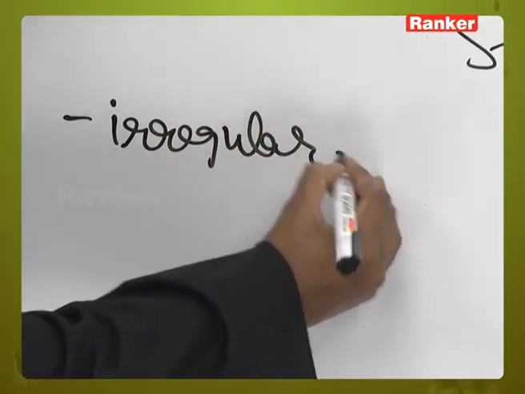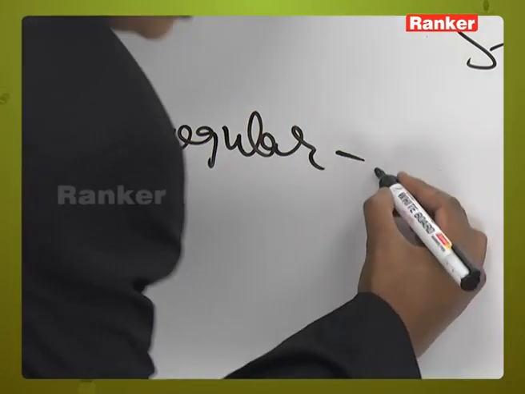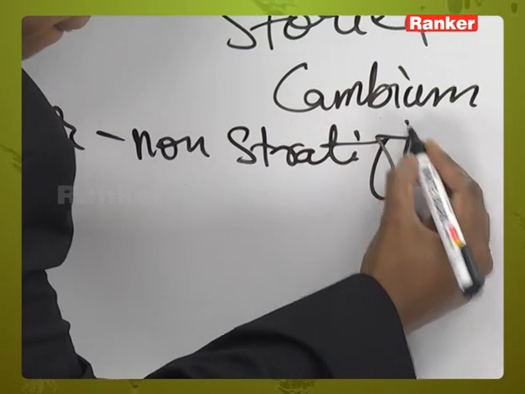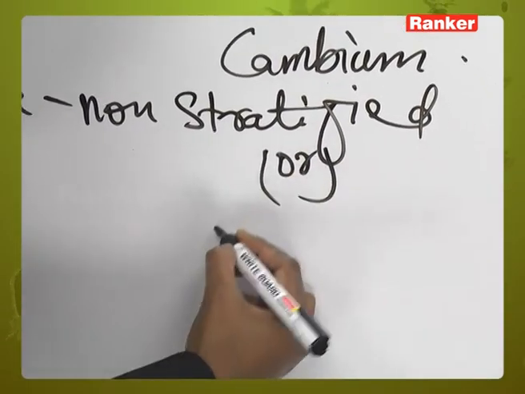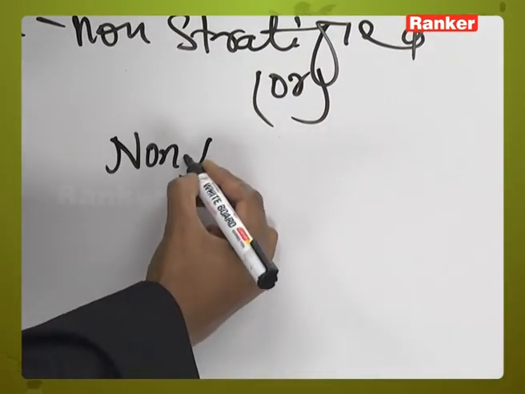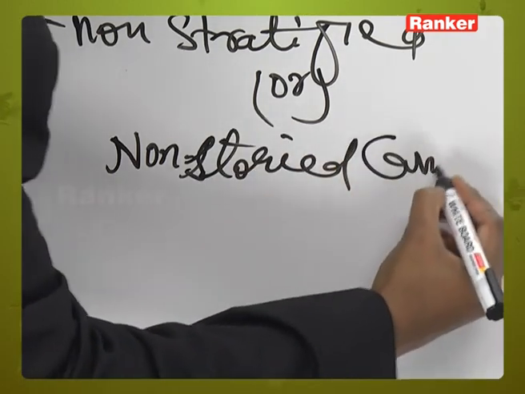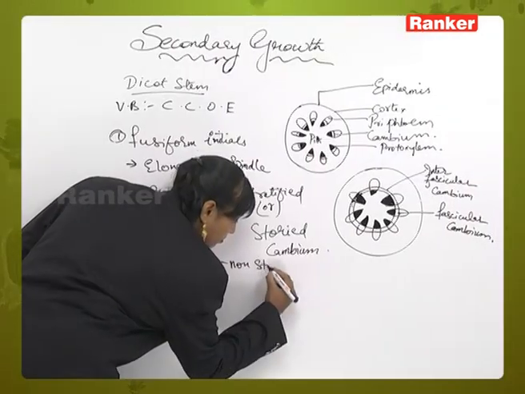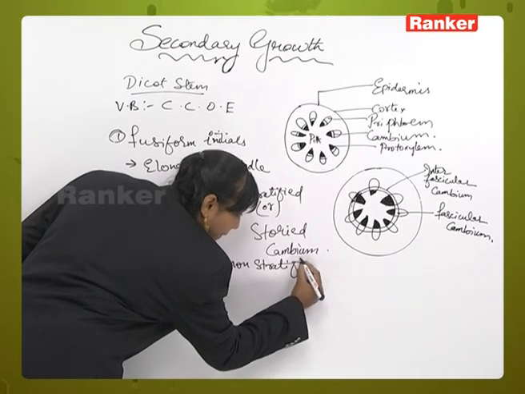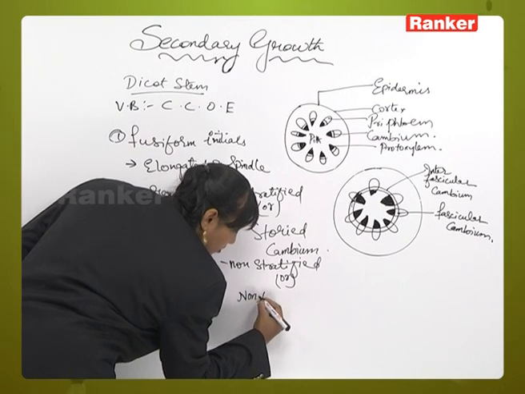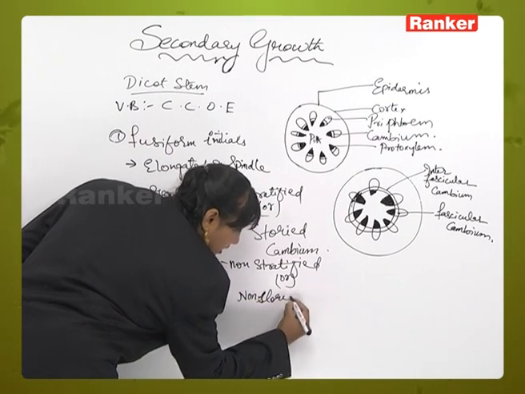This is one form of fusiform initials. Same elongated and spindle shaped fusiform initials, if they are not arranged in regular rows but irregularly arranged, are called non-stratified or non-storied cambium.